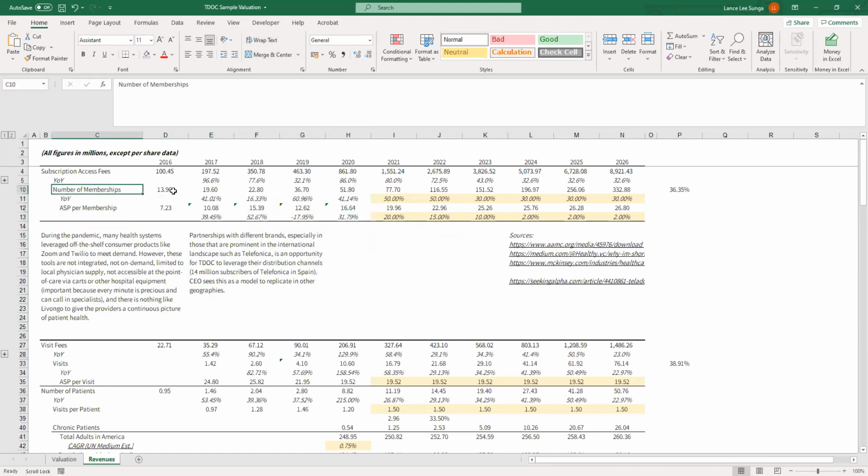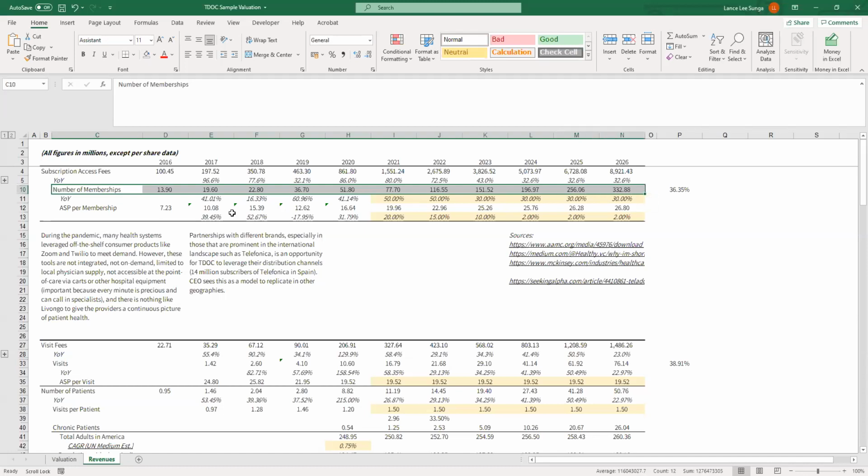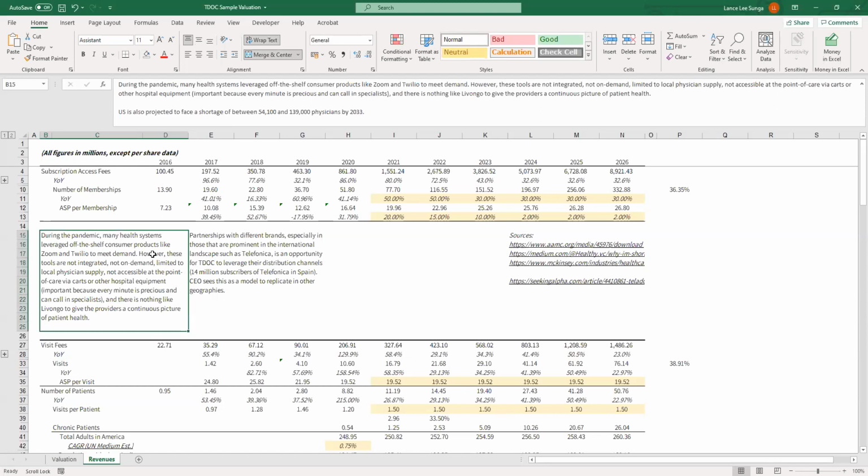So for the quantity, my explanation was that during the pandemic, a lot of your health systems, for example hospitals and doctors, would use off-the-shelf video conferencing products such as Zoom, right? But it's not that integrated. It's not that sustainable compared to being able to use a platform such as Teladoc.